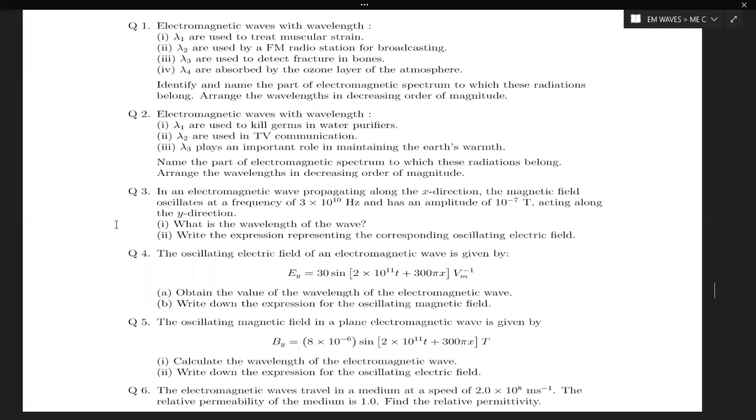See whatever things are given, write down the equation for electric field. All these questions we have done in the class. And last question is relative permittivity. Speed and relative permeability is given. You have to find out relative permittivity. So epsilon is unknown, mu is given, and speed is given. So I'll do all these questions and submit your PDF on the group. So combine the last week's papers and this paper. I'll give you the scores by Friday.